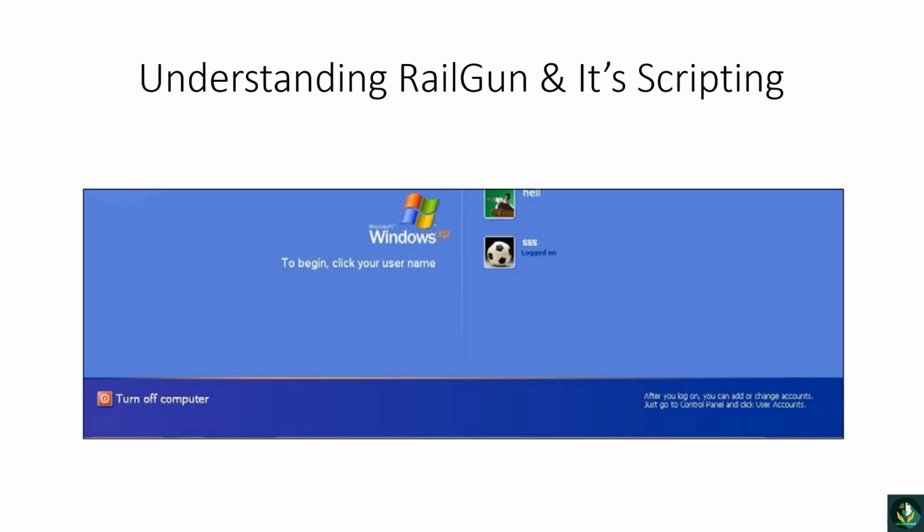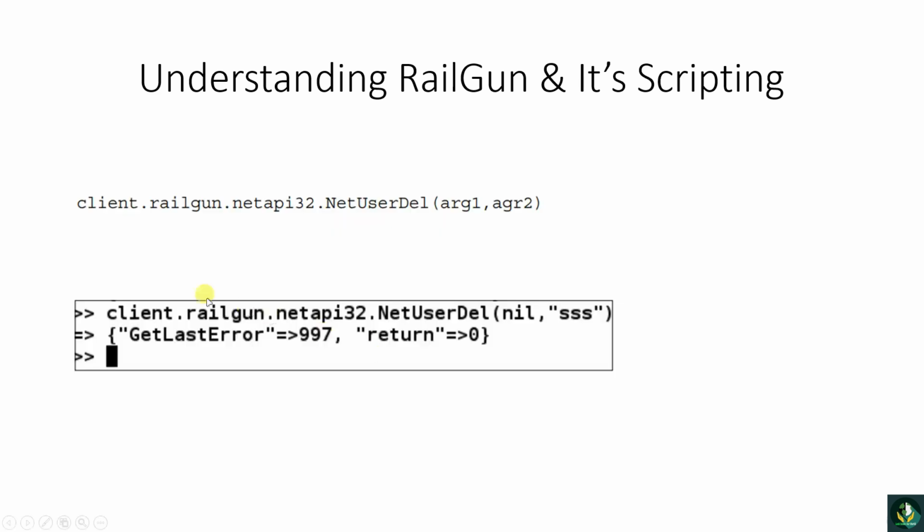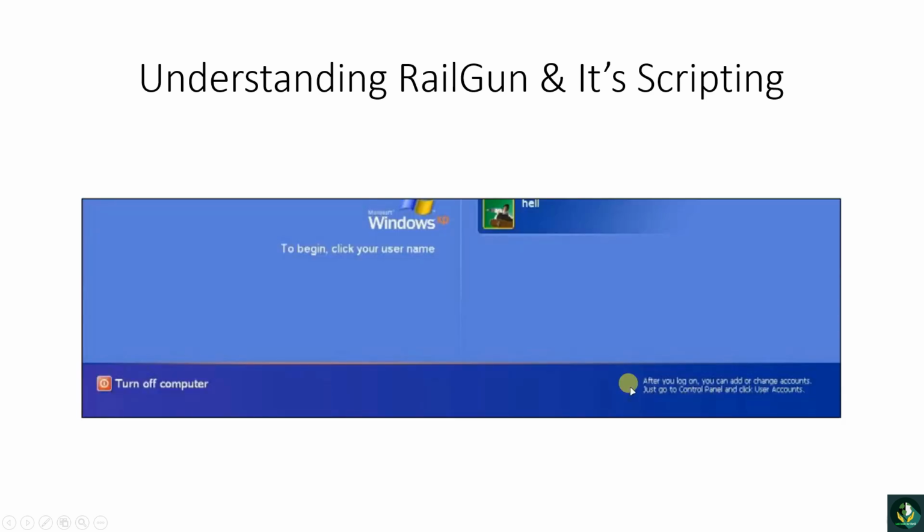So next let's see an API call with parameters. So this is the API. When this command runs, it deletes a particular username from the client machine. So if you just try to delete the SSS username, as you can see in here, the user seems to have gone missing.